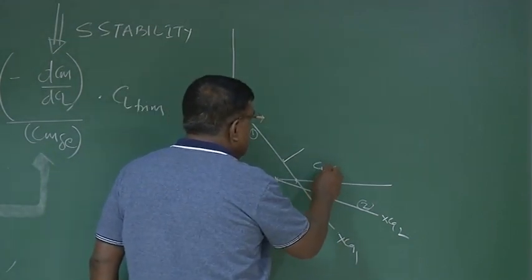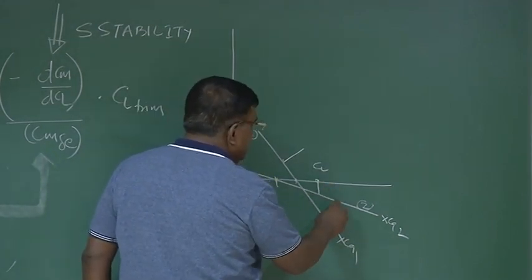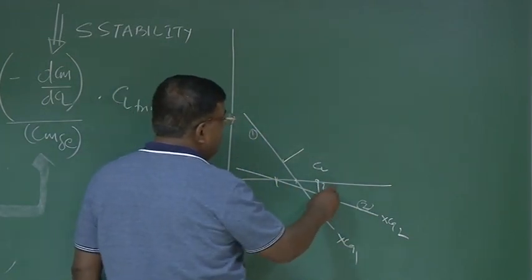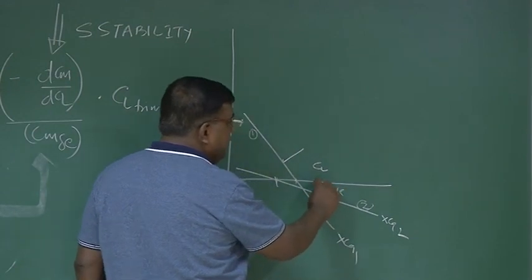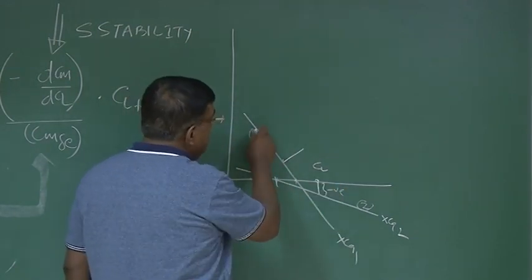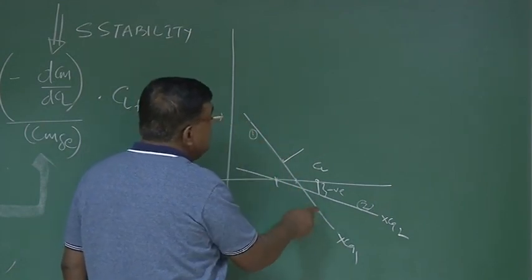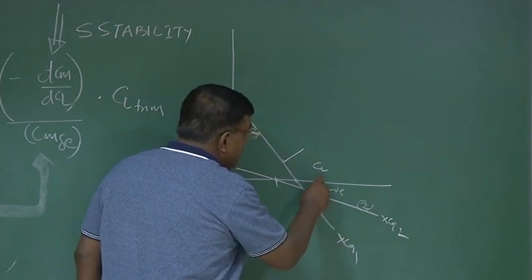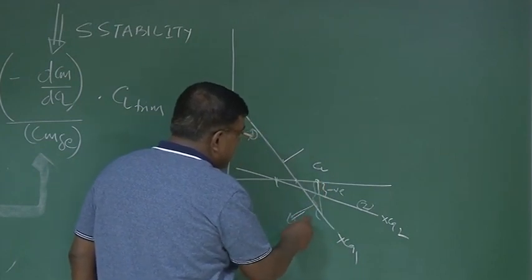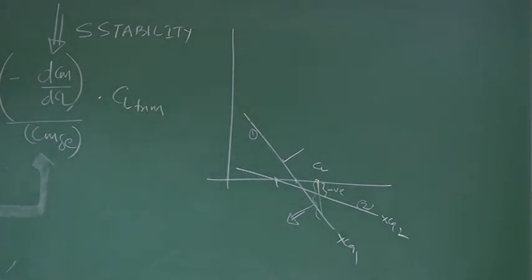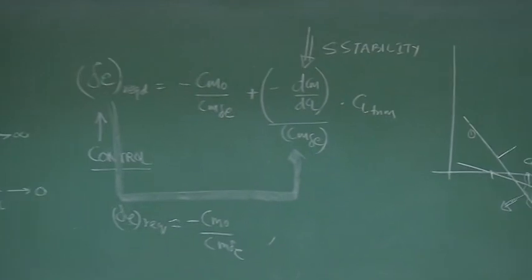To trim at this point, this configuration requires elevator deflection to neutralize this much negative pitching moment. But with a CG configuration where static stability is so high, the elevator deflection required is larger, because the negative moment to be neutralized is larger. So this expression tells us exactly the same thing.